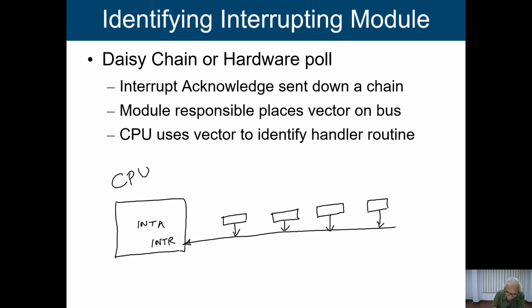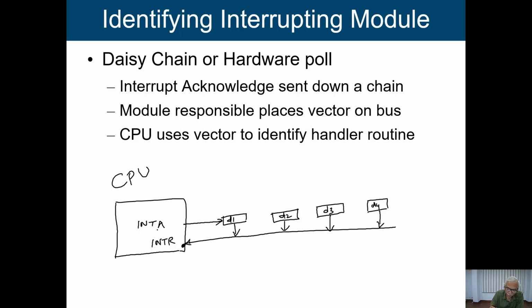When the processor receives an interrupt through the interrupt line, it completes the execution of the current instruction and gives the interrupt acknowledgement signal. It goes to the devices: device 1, device 2, device 3, device 4.